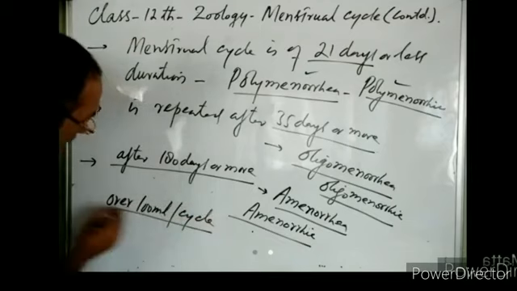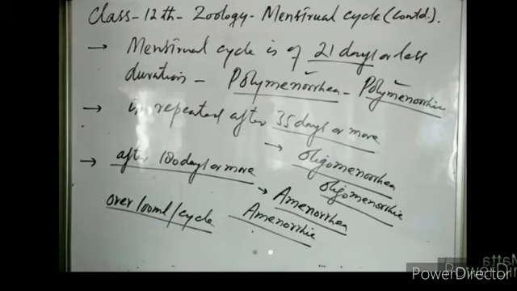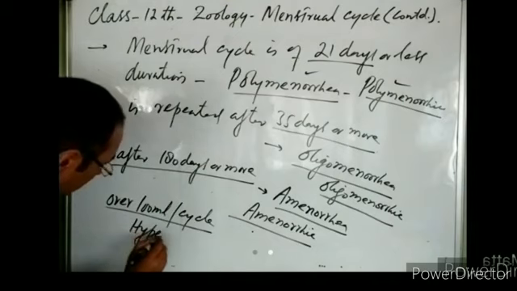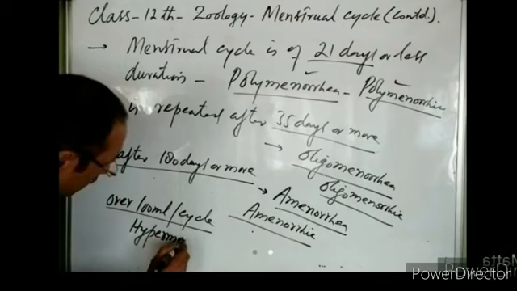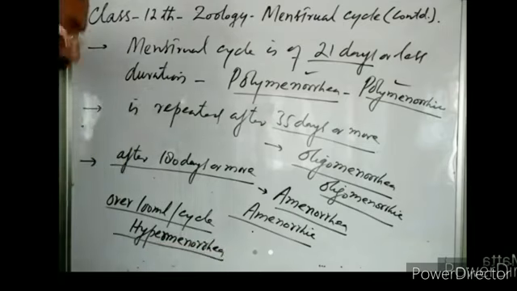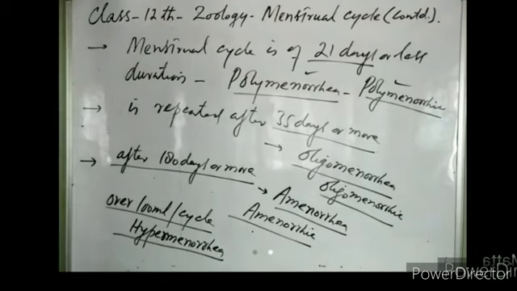Those females who suffer a blood loss of more than 100 ml per cycle during 3-4 days are known as hypermenorrhea, or that condition is known as hypermenorrhea, right?